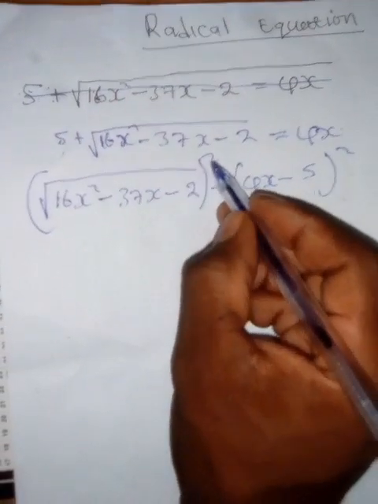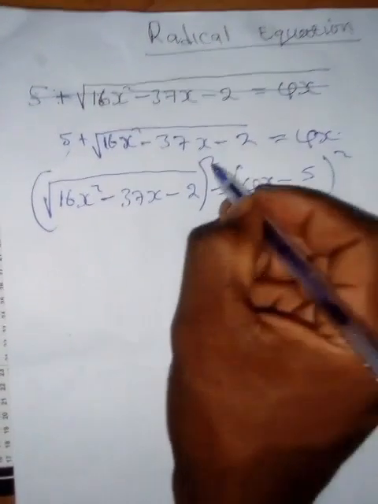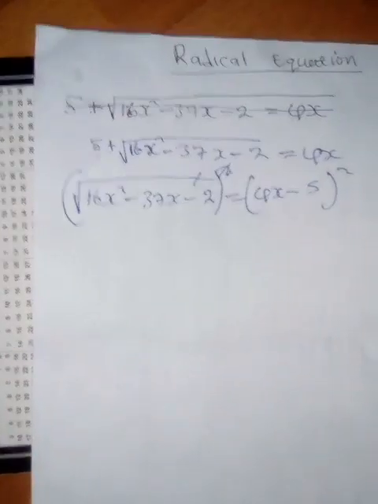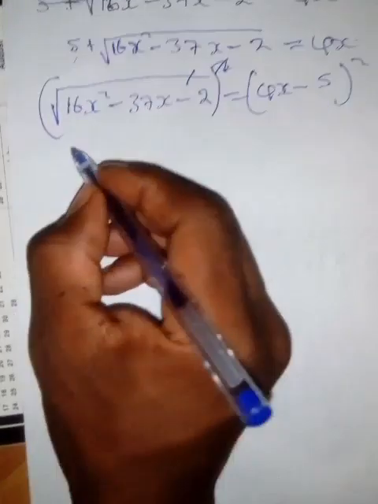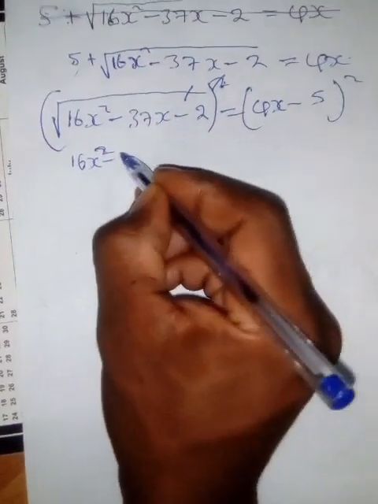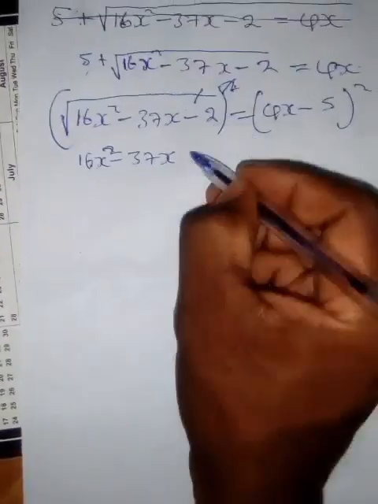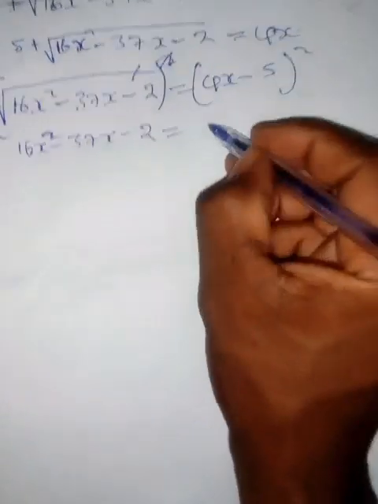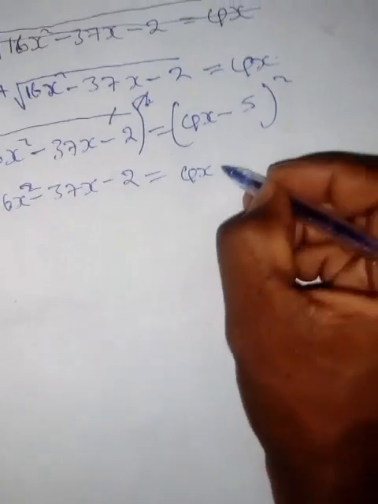So here you have 2, this 2 is same as this, and they'll cancel each other. What is remaining is only 16x squared minus 37x minus 2 equals to 4x minus 5.